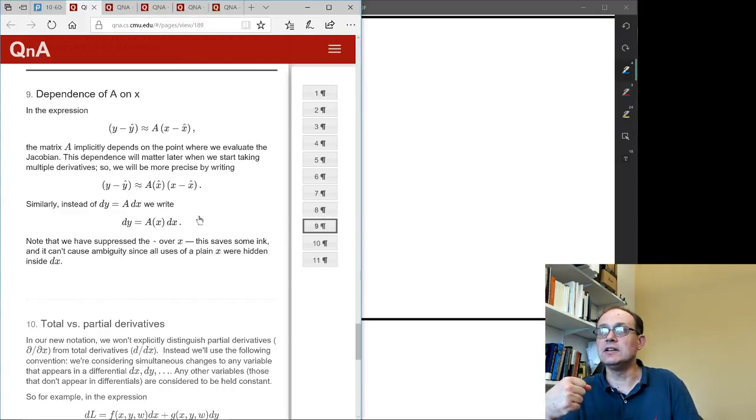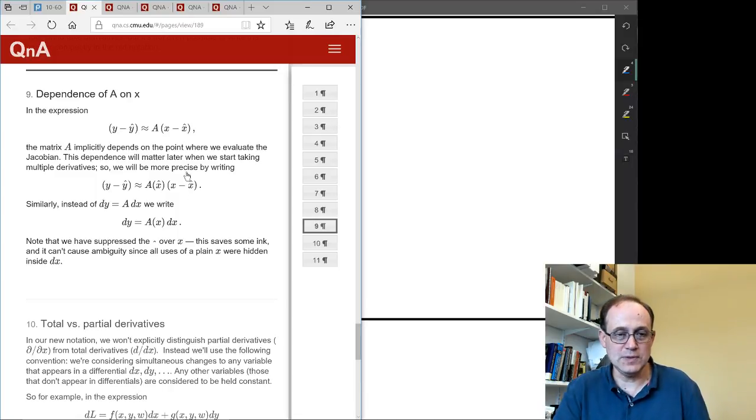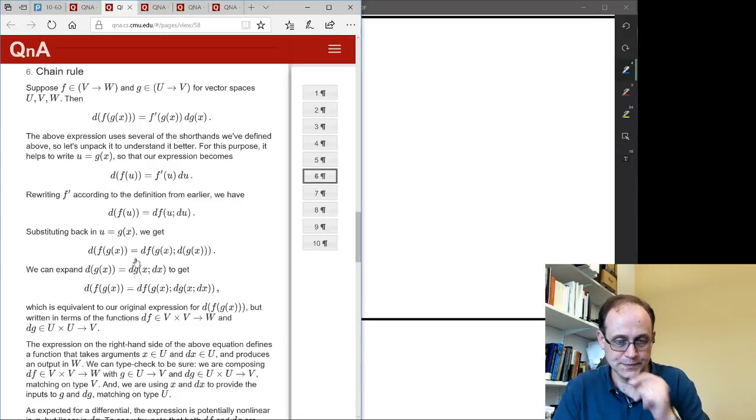If you're type checking an expression that appears in a paper or a textbook, you may have to give names yourself to some of the vector spaces that are not explicitly named in the textbook. But once you've done that, everything else is going to follow. All right, so keep those questions coming on Piazza.